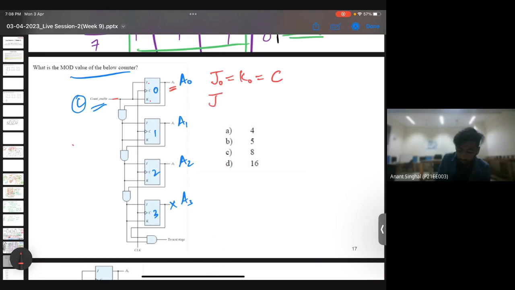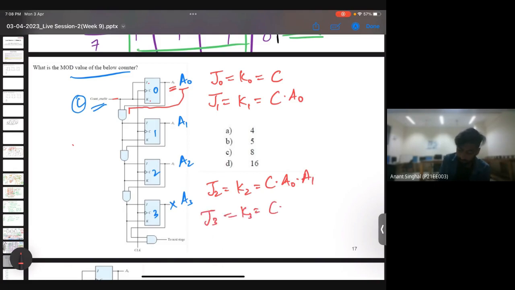Then I'll write similarly for J1 and K1. You can see J1 and K1 are additionally connected to A0, and then C. So I can write it as C and A0. For J2 and K2, I can write C, then A0, and then A1. And similarly for J3 and K3, I can write C, A0, A1, and A2. Is it fine?